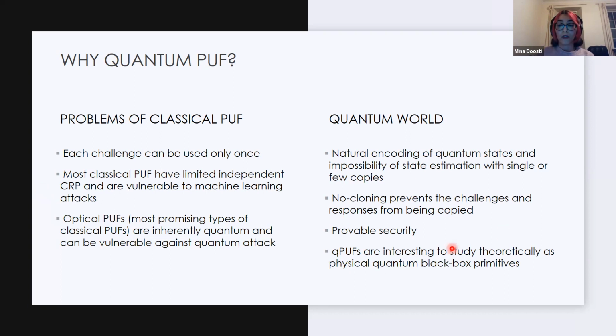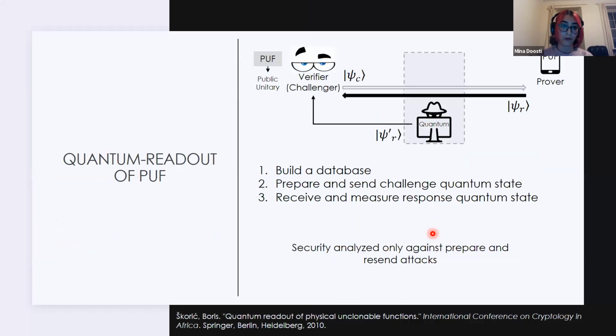We also hope to get proofs of security in some applications where we use a PUF as a primitive, which is something that we usually don't have in classical PUFs. Quantum PUFs are also interesting theoretically because they are quantum black box primitives that you can study. So these are some motivations.